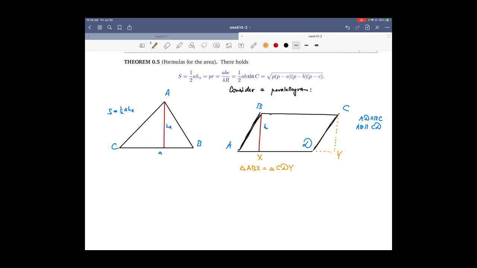It should be fairly simple. They have equal angles, they are right triangles, and they have equal hypotenuses.